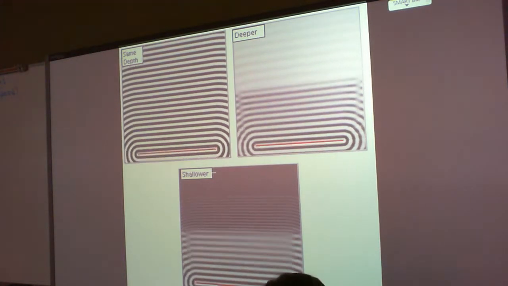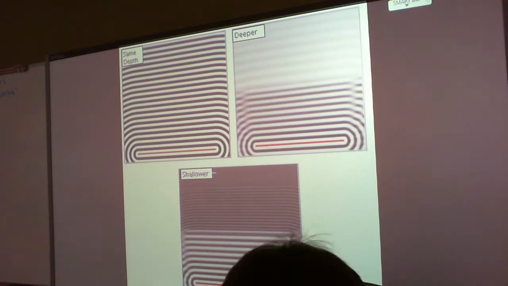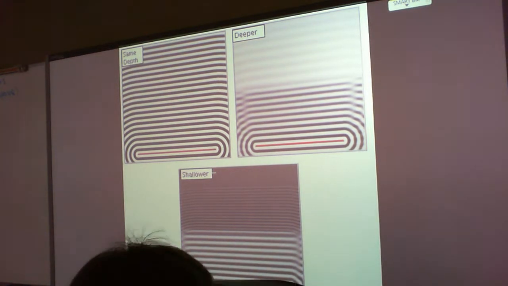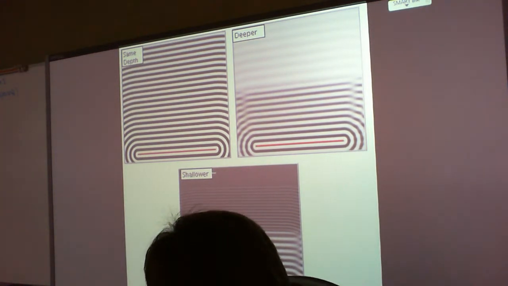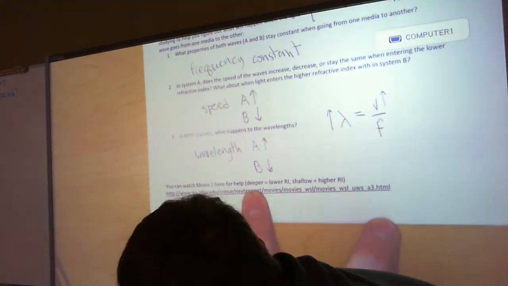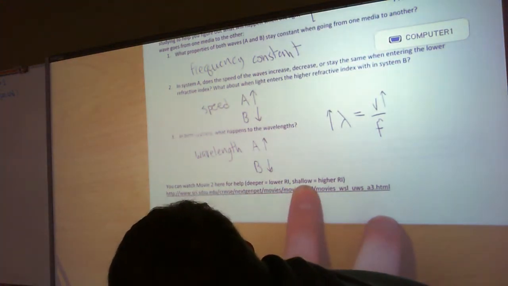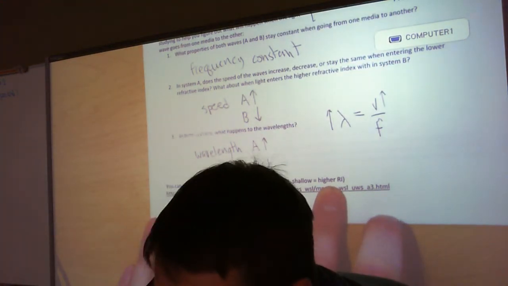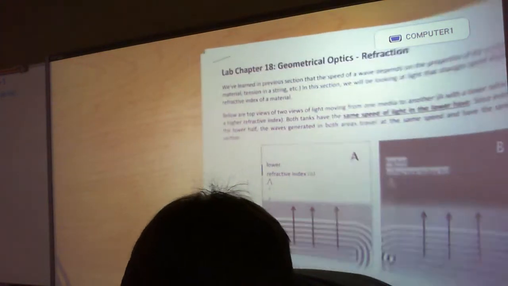And this is shown with water waves and deeper or shallower water. I say on the video or on the document, deeper means lower refractive index, shallow means high refractive index. I think I put that note at every video.